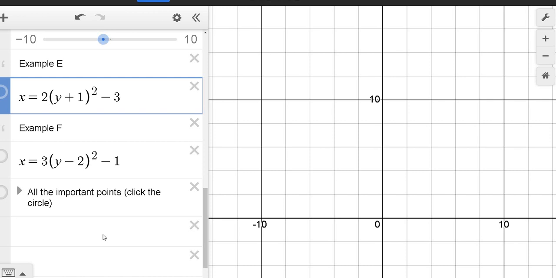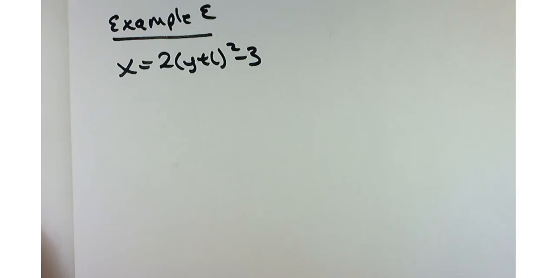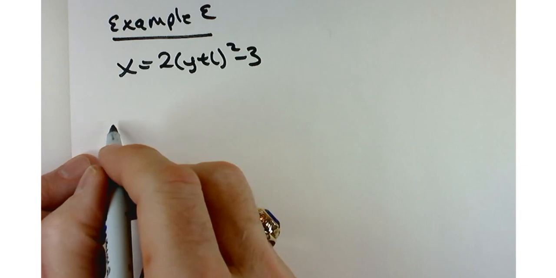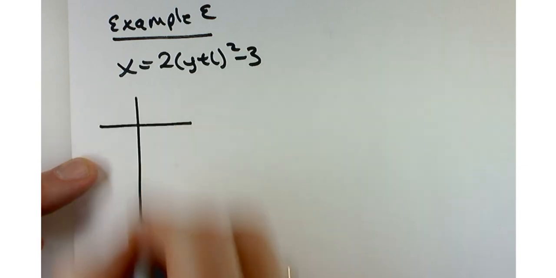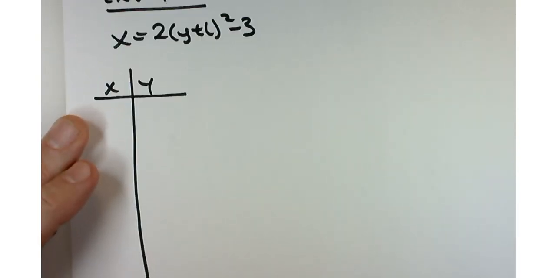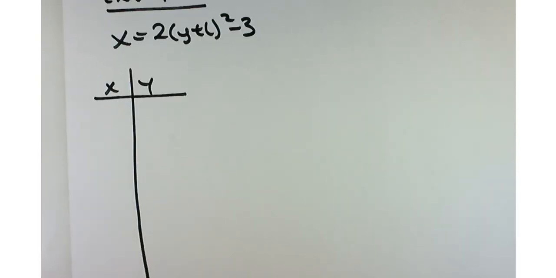All right, so let me just copy this one down. Example E. X equals 2 times y plus 1 squared minus 3. The first thing to do is to find the vertex, x and y. And to find the vertex, my suggestion is that you start with the squared term.